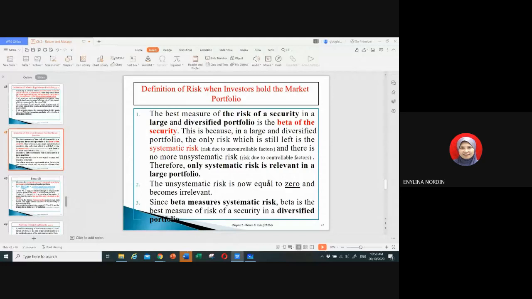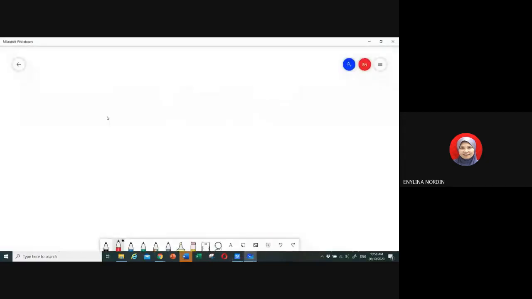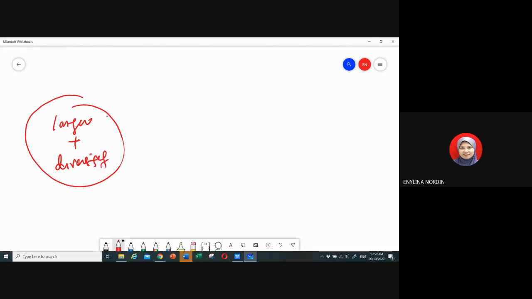That means now your portfolio becomes larger, and your portfolio becomes diversified. Maksud diversified tu tadi adalah portfolio dalam ni banyak stok yang daripada industri yang berbeza.